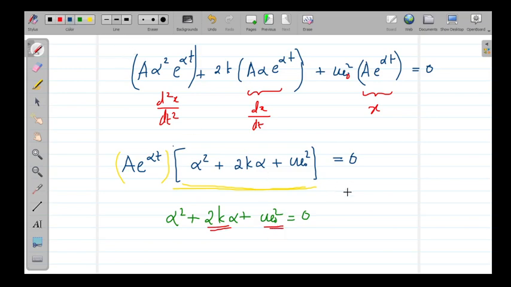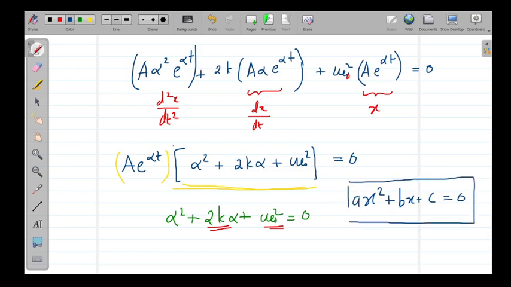This equation is of the form ax² + bx + c = 0, so this is a quadratic equation. Here instead of x we have alpha, instead of b we have 2k, and instead of c we have ω₀². Alpha is the variable. That is why this equation is a quadratic equation in alpha.